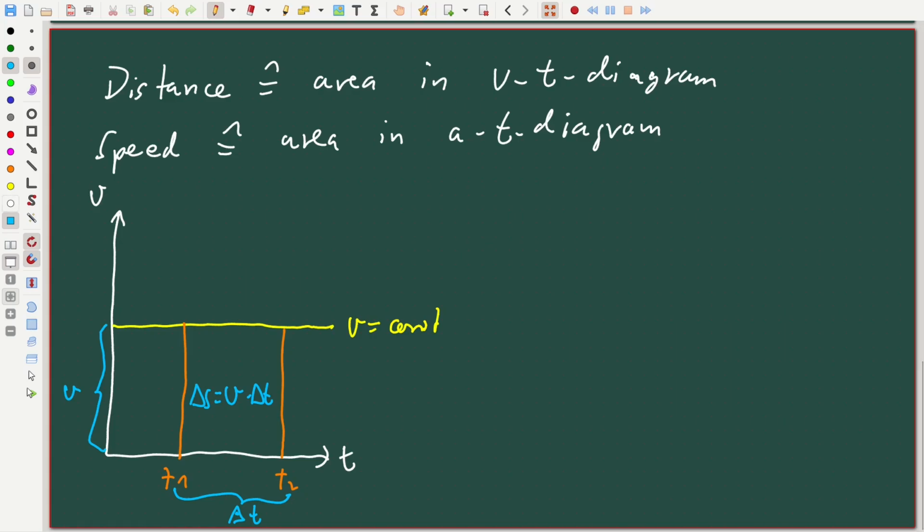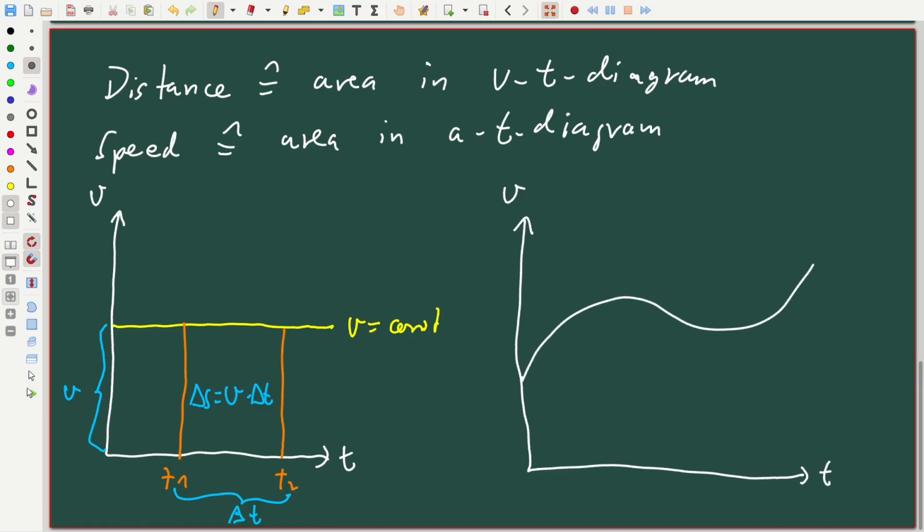Now we can draw another VT diagram with a little bit more complicated function. This could, for example, look like this. Then we can define again another interval, for example this one. Again we have t1 and t2, but now we cannot say anymore that delta s is equal to v times delta t, because v is not constant, it changes in time.